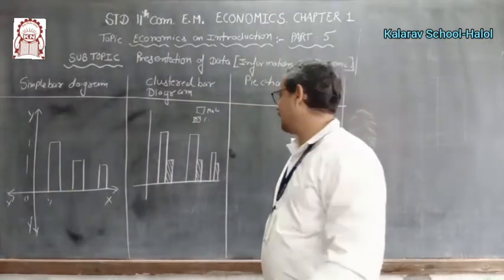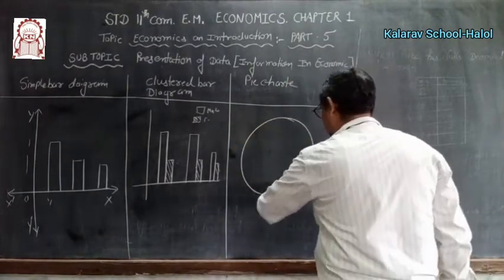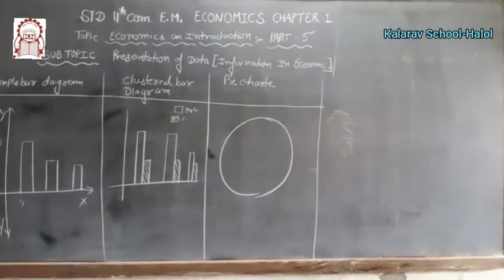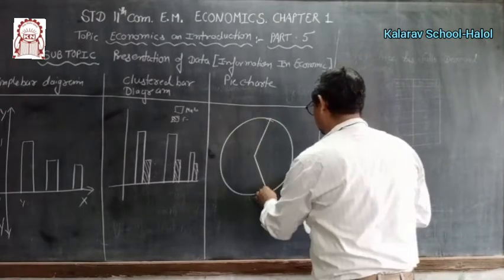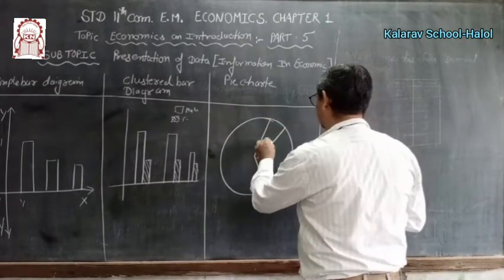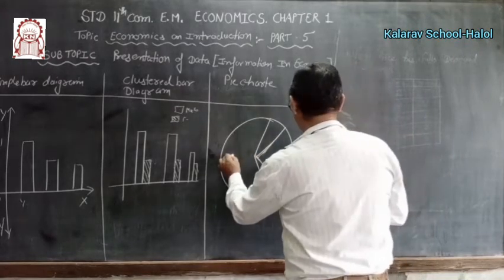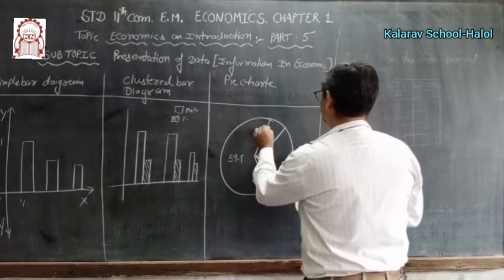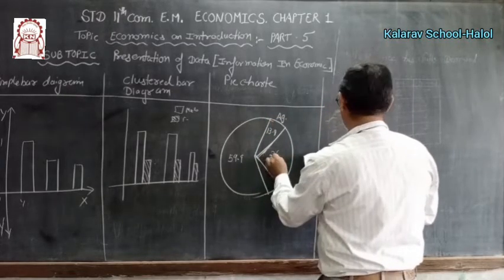Okay, and next is your pie graph, which is expressed in the form of a circle. जो सर्कुलर फॉर्म में जिसको हम लोग ड्रॉ करेंगे, that is known as the pie diagram. Here you can see one piece of information is given, and how it is interpreted, that also I will explain just now. So see it, this is 59.9, this is 13.9 agriculture, and this is 26.2 industry.